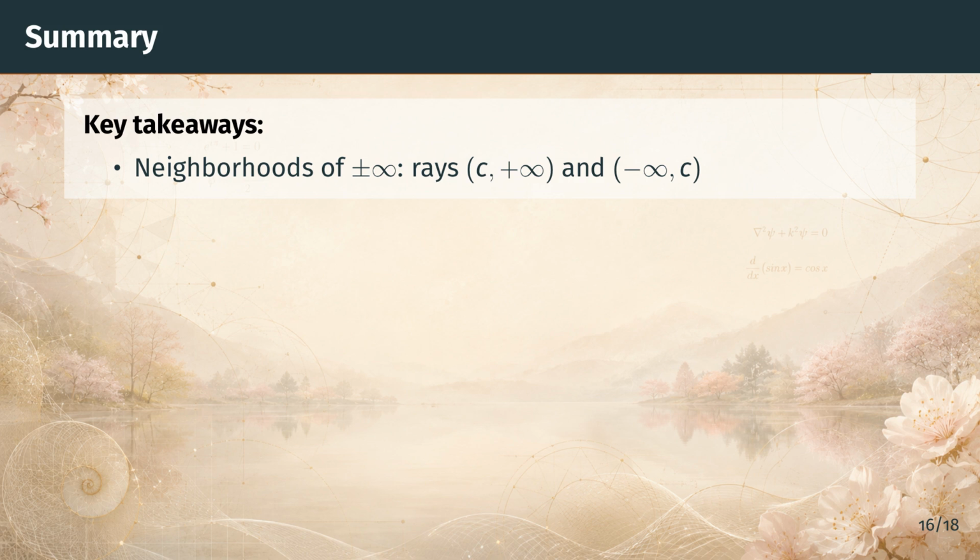Let's gather the main ideas. First, the structural step that made everything possible. We defined neighborhoods of plus and minus infinity as rays. A neighborhood of plus infinity is everything past a cutoff c, and a neighborhood of minus infinity is everything before a cutoff. These unbounded rays play the same role that bounded segments play around a finite point.